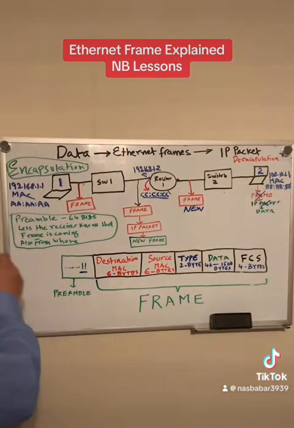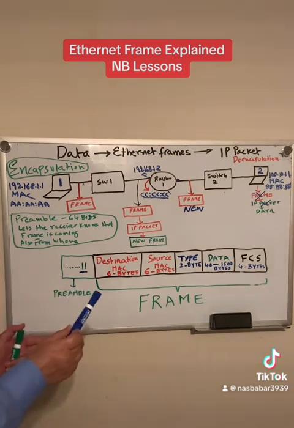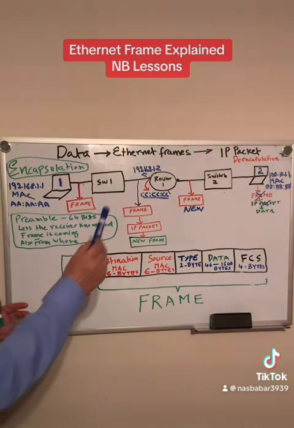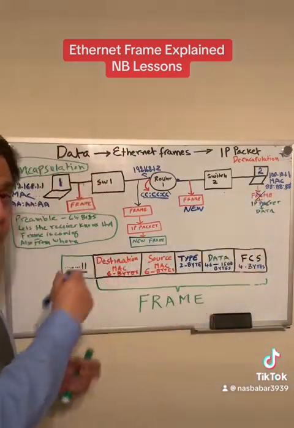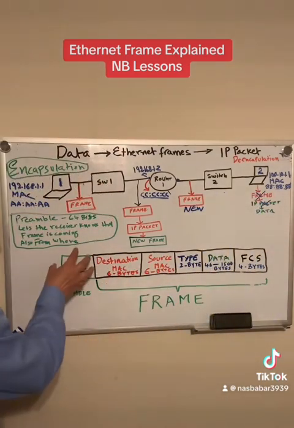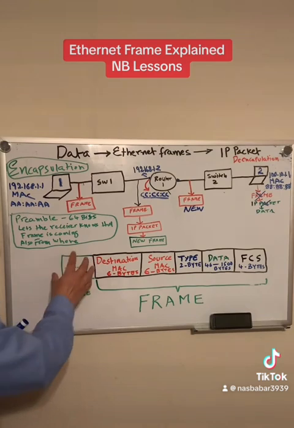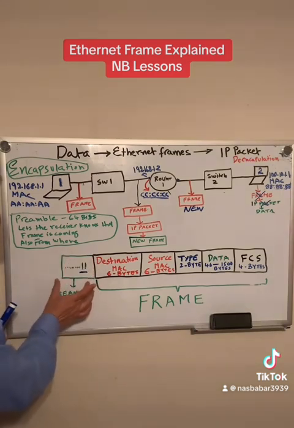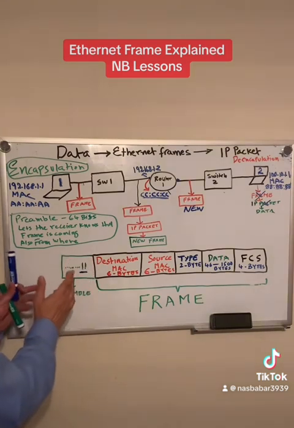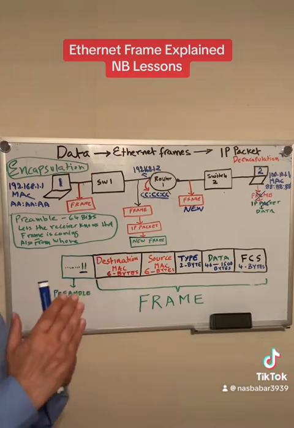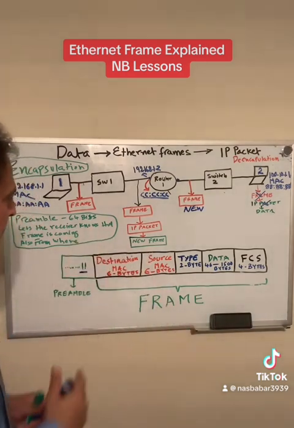So like I said, preamble is 64 bits. It lets the receiver know that the frame is coming, and also lets the receiver know from where the frame is coming. It's not really a part of the Ethernet frame, but I just wanted to mention that because it does happen before the actual frame is put on the wire.